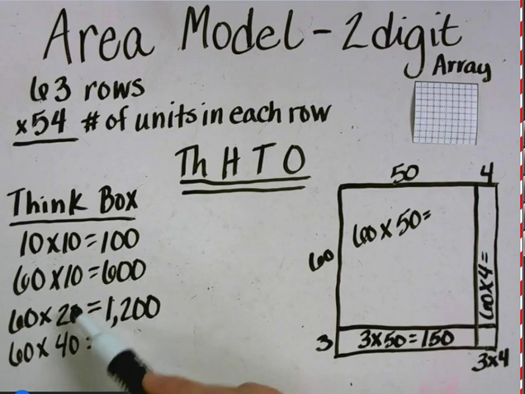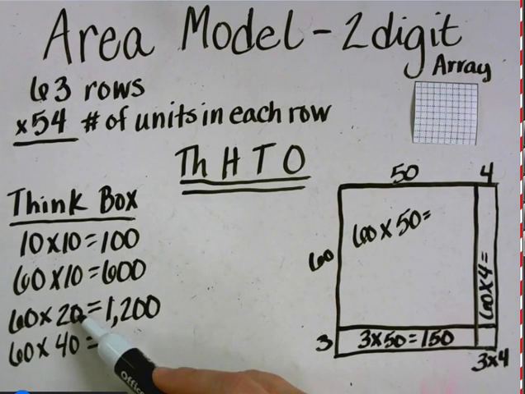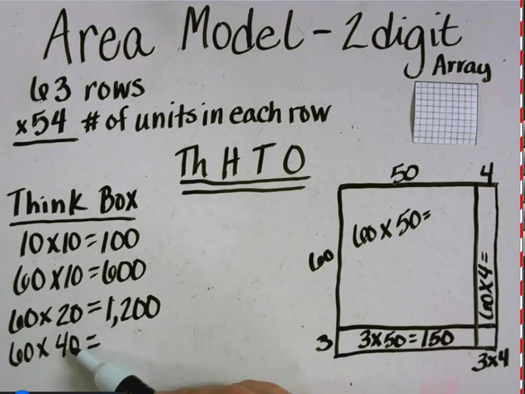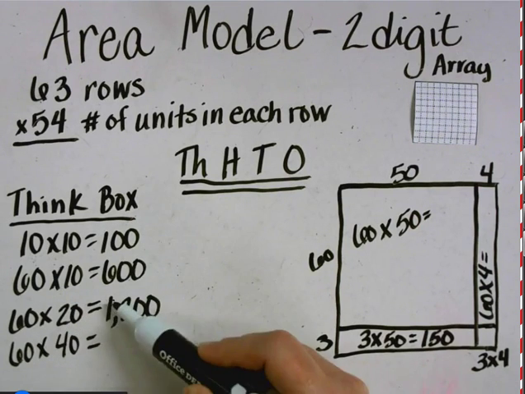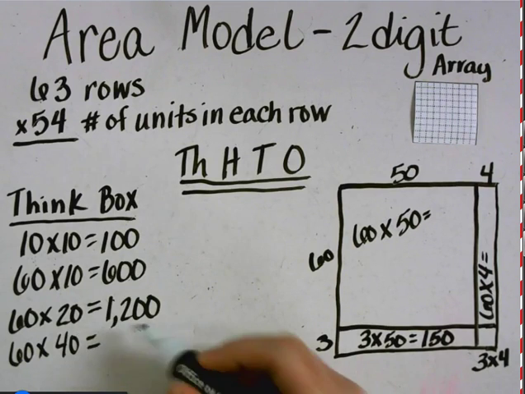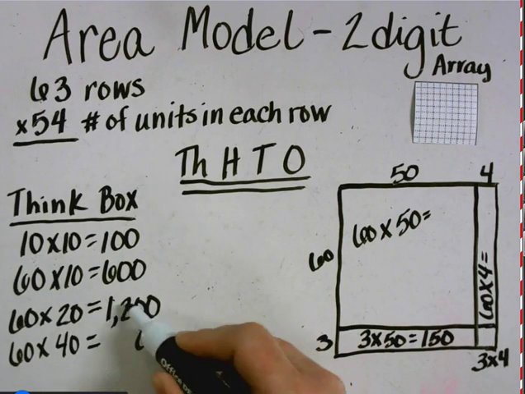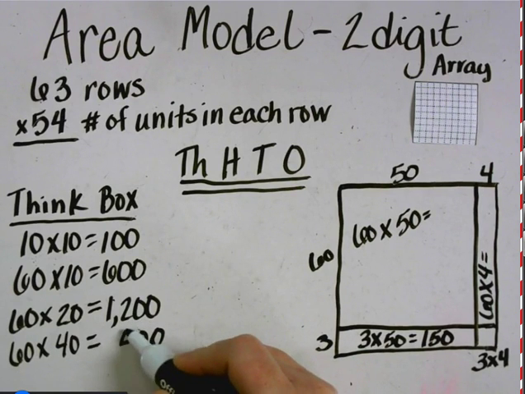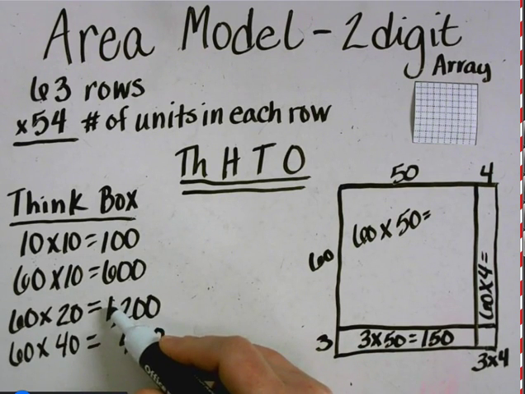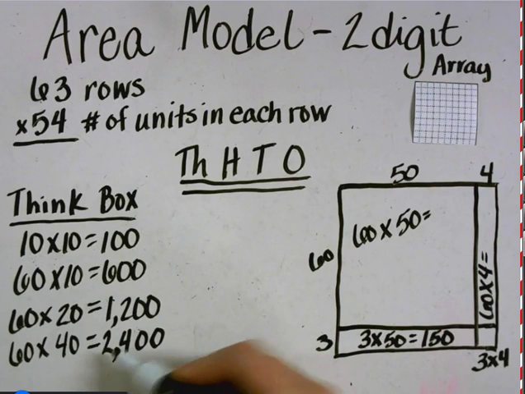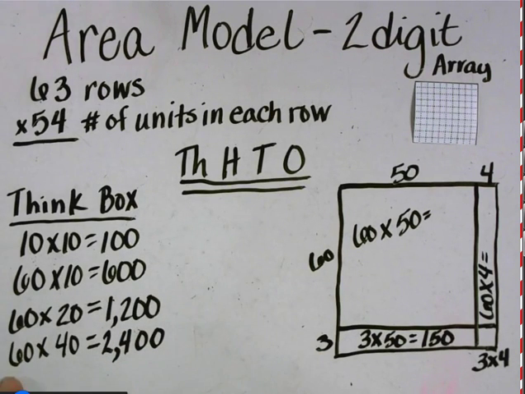So I could double again, because 40 is double of 20. So I would double the product, which would be 0 ones, 0 tens, 4 hundreds, and doubling 1,000 would be 2 thousands. So I know 60 times 40 is 2,400.